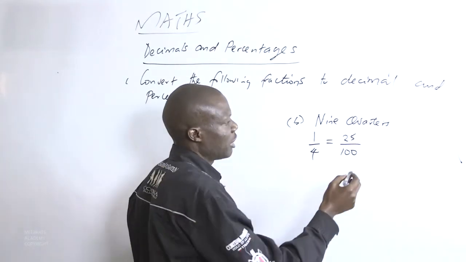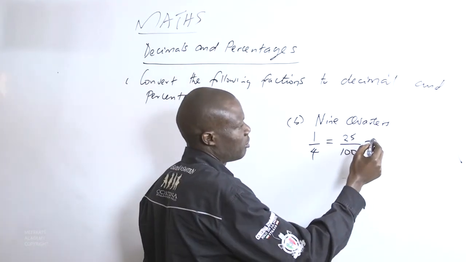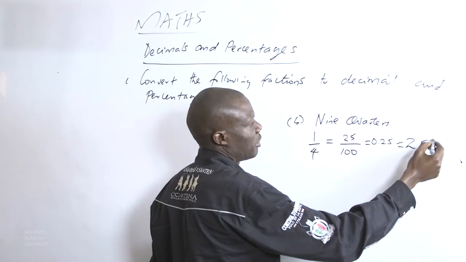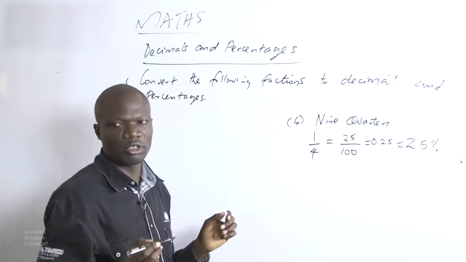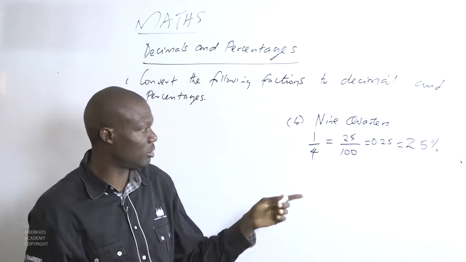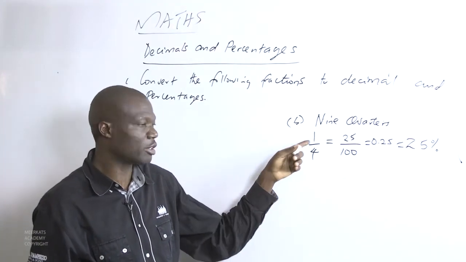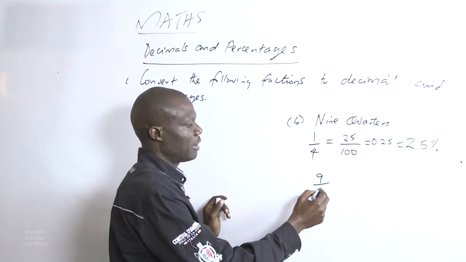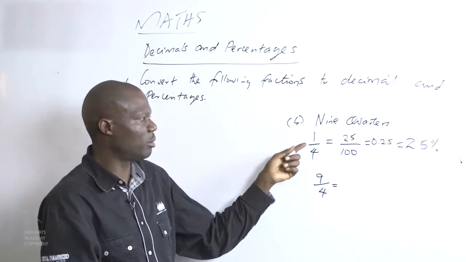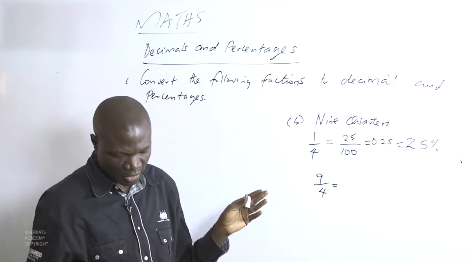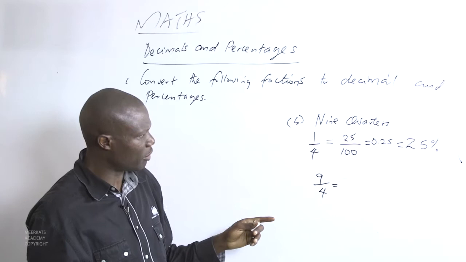As a decimal, this is 0.25, which is the same as 25%. But that is not what we are looking for. We are looking for 9 quarters, so we multiply the memory fact of a quarter by 9 to get 9 over 4.